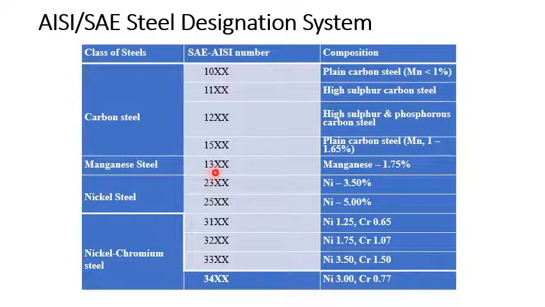If it is a nickel steel, the first digit is 2, and 3 in the second digit indicates nickel at 3.5 percent, or 25 means the nickel will be 5 percent. Like that, the second digit indicates the percentage of the major alloying element.